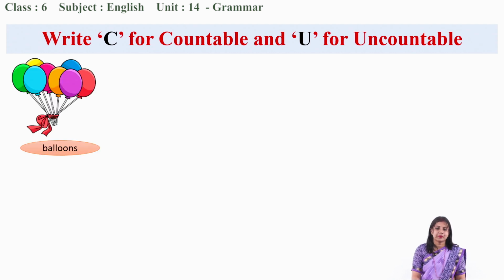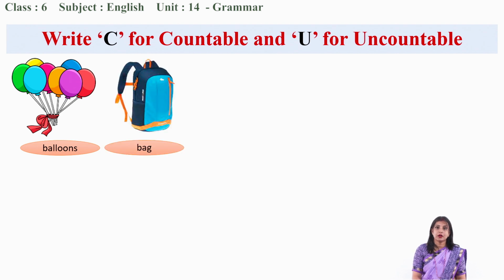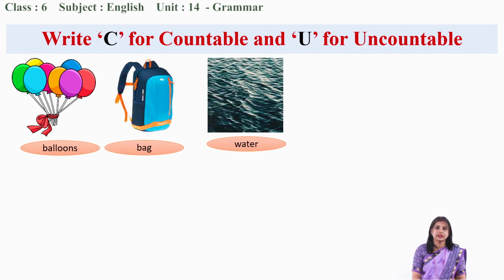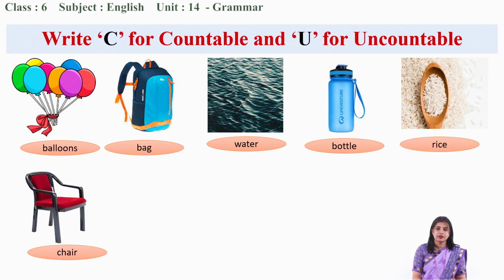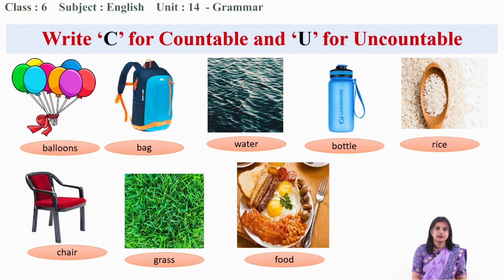Okay, good. So, here are the pictures: balloons, bag, water, bottle, rice, chair, grass, food. Now quickly write down. If it is countable, write down C. If it is uncountable, write down U. Hurry up.